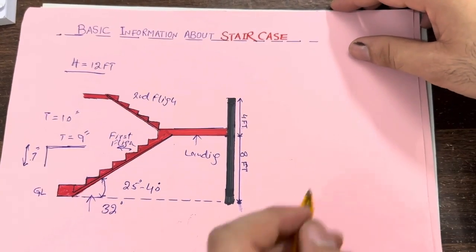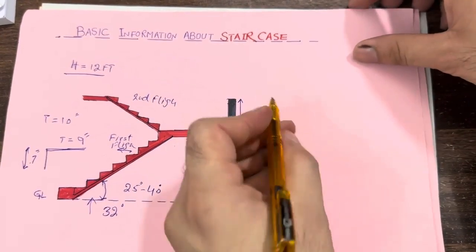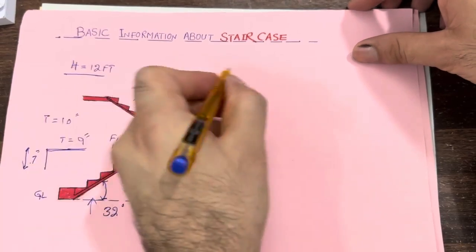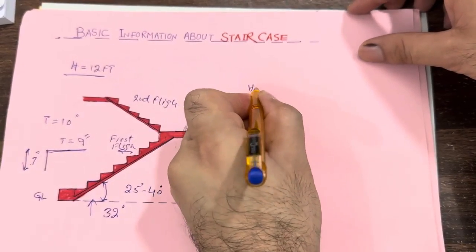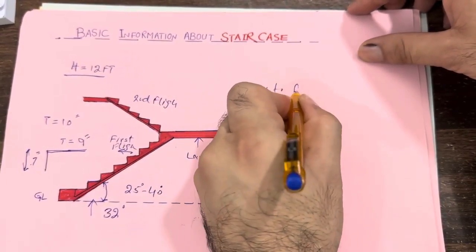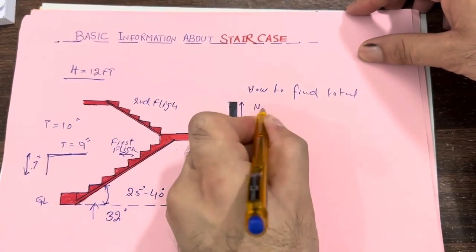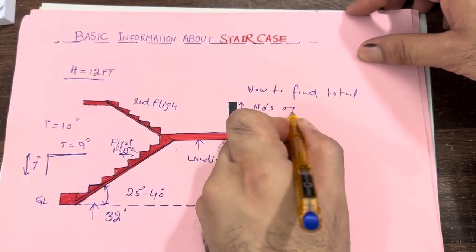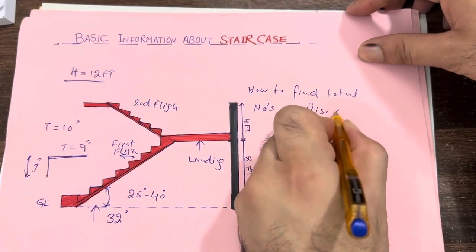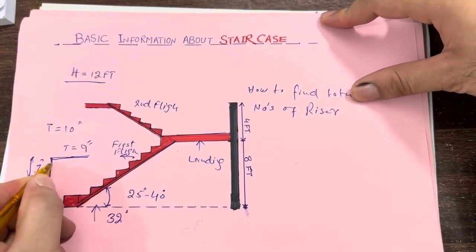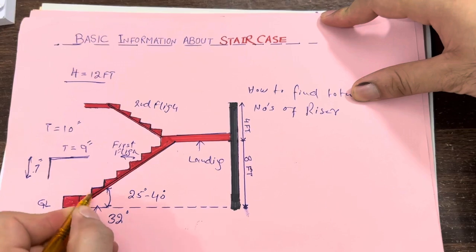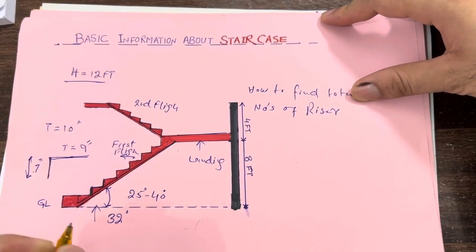So remember, guys, how do we find the total number of risers? What is a riser? As I discussed before, this is a riser, this one is a riser, this is a riser.